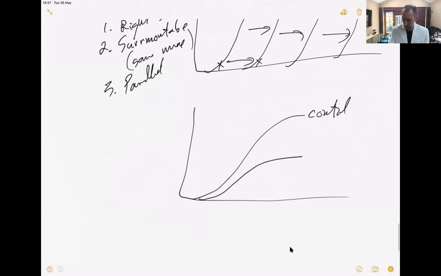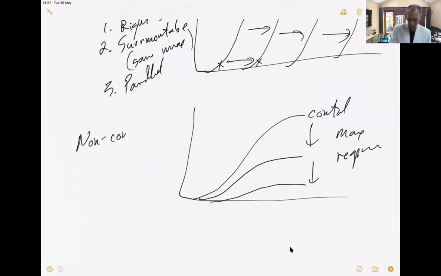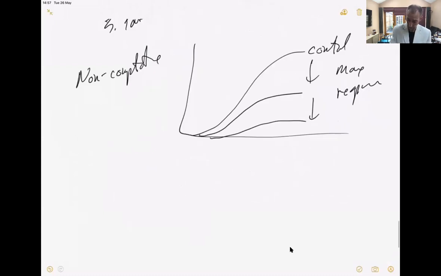We would get a family of curves where we get decreases in the max response. These are non-competitive. You can also get competitive irreversible. So this is where your antagonist forms a covalent bond.